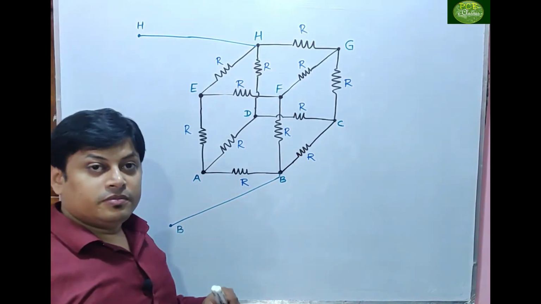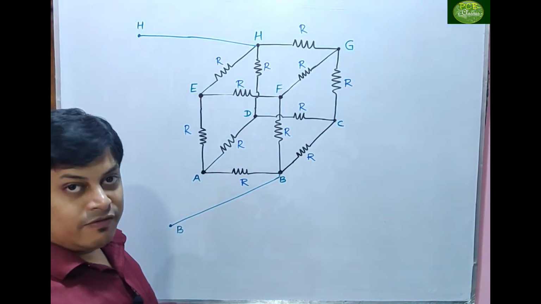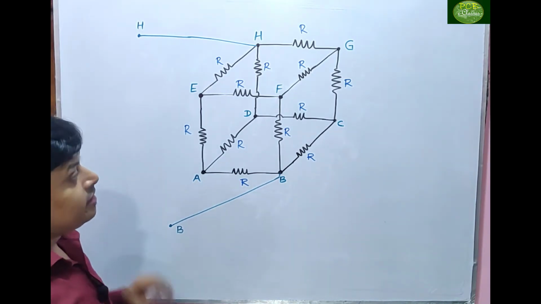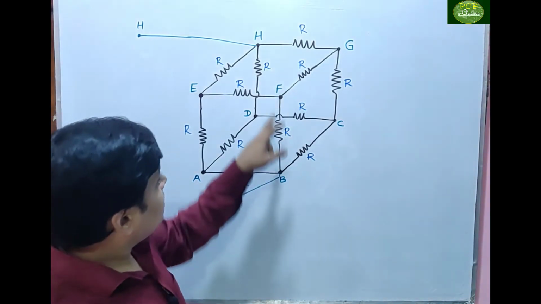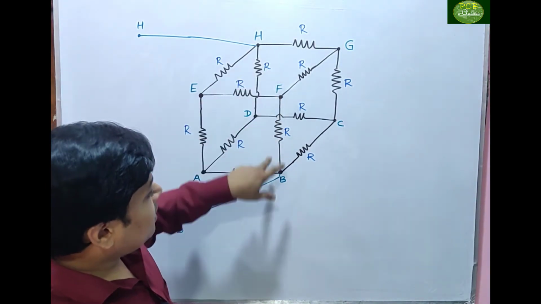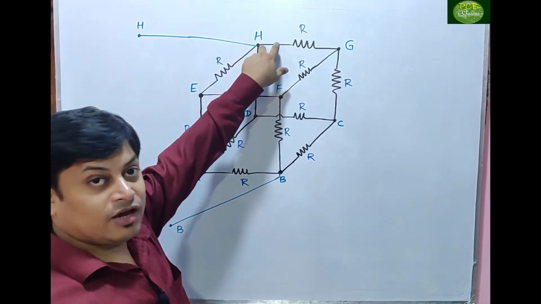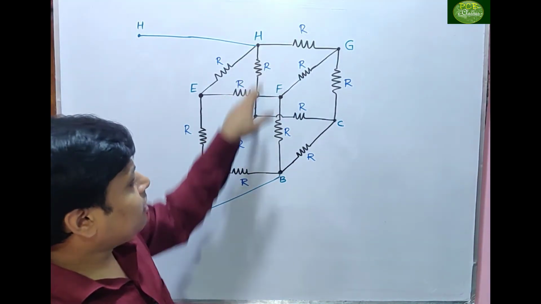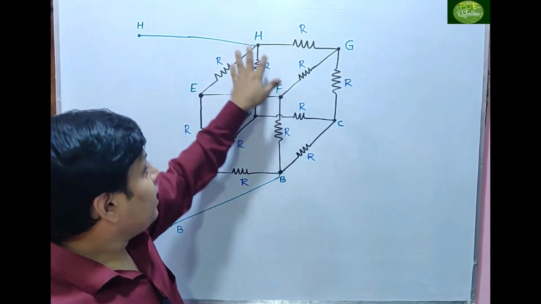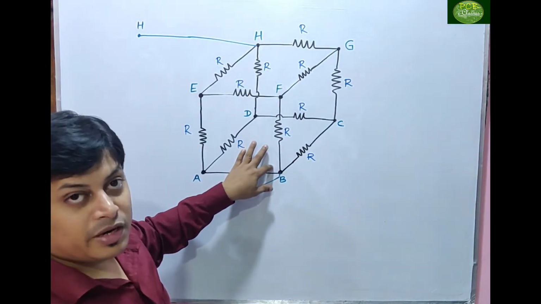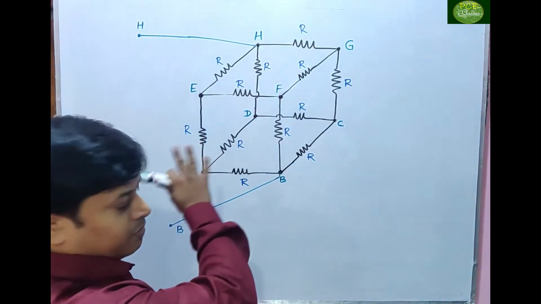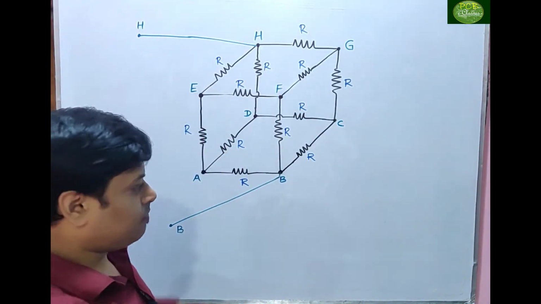In this problem, it is saying that you have to find out the R equivalent between H and B. That means H and B are the two diagonal points of the cube, right? Across the diagonal points, you have to find out the R equivalent. Now, forget about this one. We will solve it in a proper way.